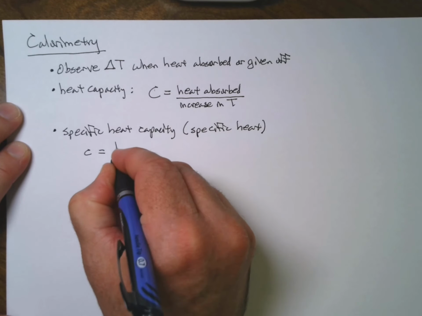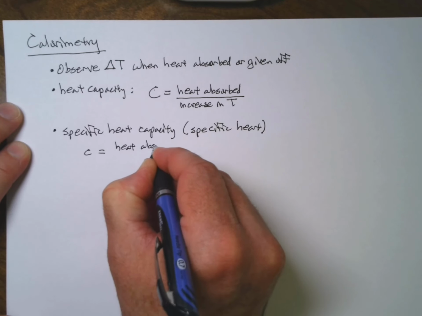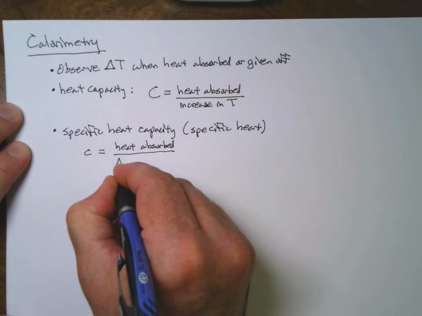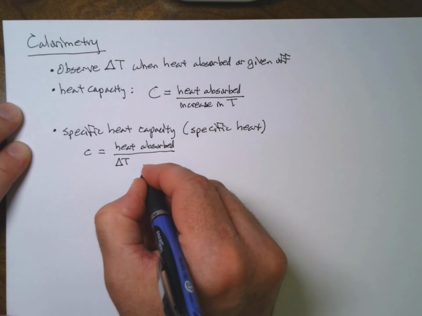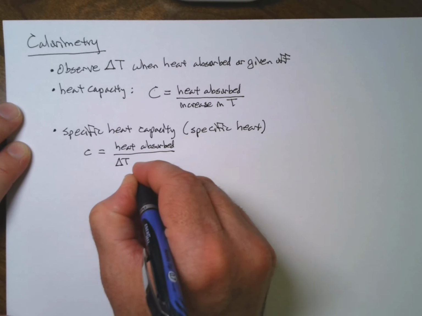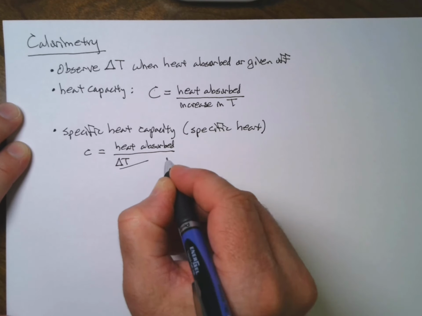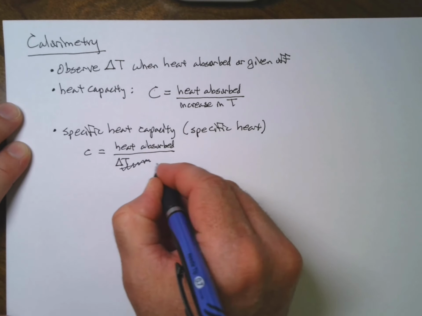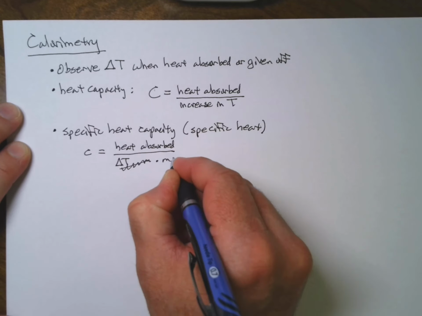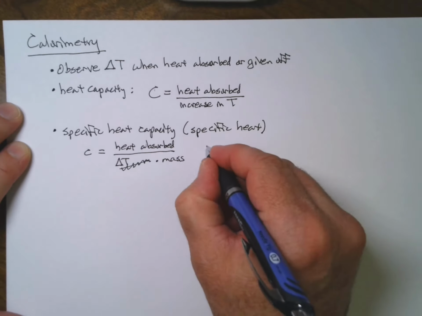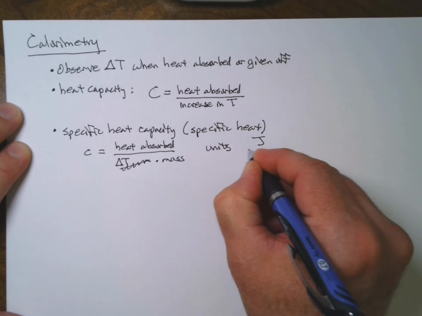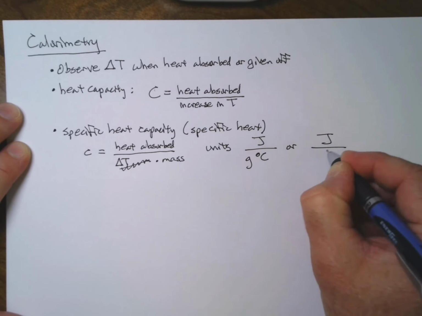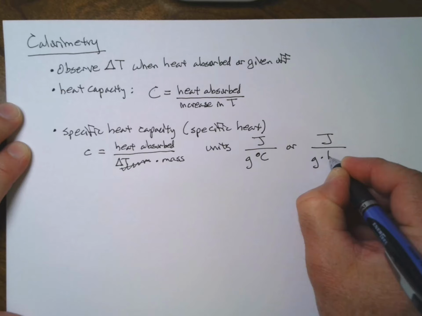So it'll be heat absorbed divided by delta T times mass. Our units will be joules per gram degree Celsius, or joules per gram Kelvin.